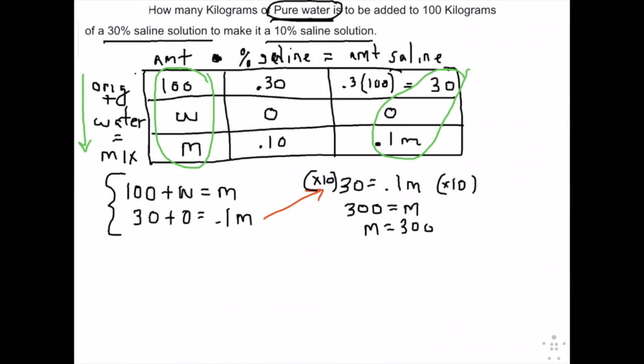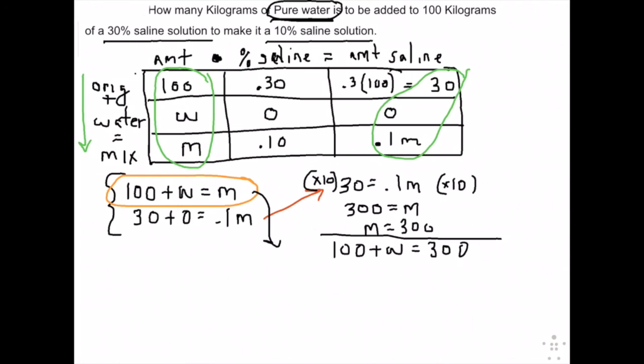I have 300 kilograms of mixture. So now we can use this equation to solve for the amount of water. So I have 100 plus W equals 300, and I subtract 100 and I get W equals 200. So I know I have 200 kilograms of water.